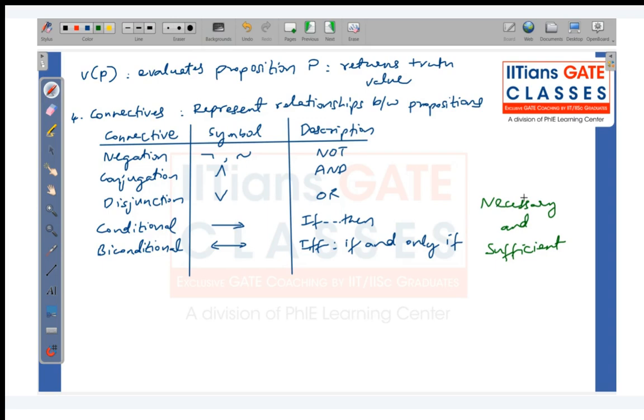This if and only if actually encompasses this entire concept of necessary and sufficient. This only if part corresponds to the necessary part, and if corresponds to the sufficient part. If a condition is met, that condition is sufficient for the consequence to follow. And if I say only if, then that condition becomes necessary.